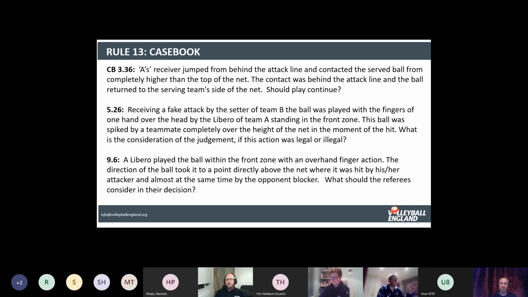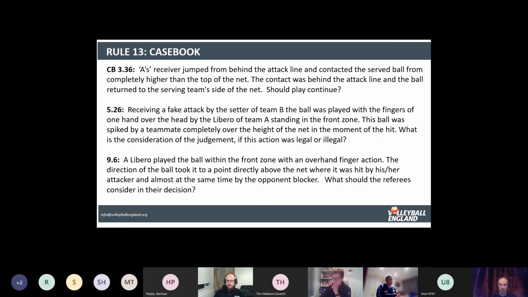I think if the libero just picks their foot up off the front zone by a couple of inches, then you can quite clearly say, that's not good enough to say that you've withdrawn yourself from the front zone. But if they take that foot out of the front zone and then almost push again with their standing leg to get their position, still standing on one leg, then you would say that's clear.